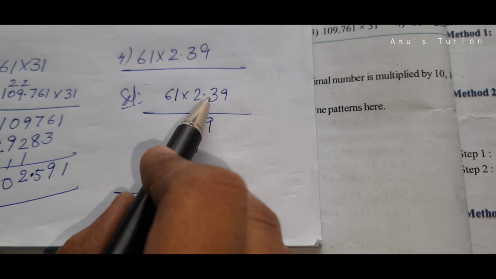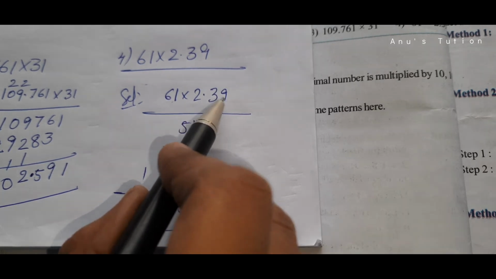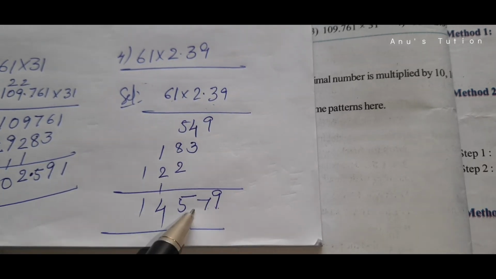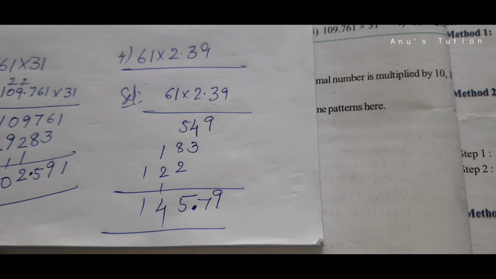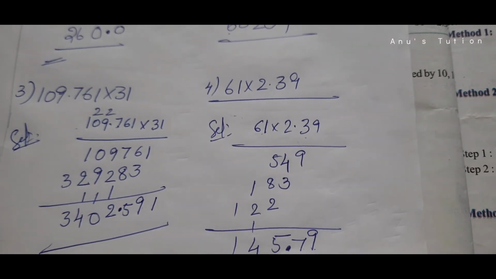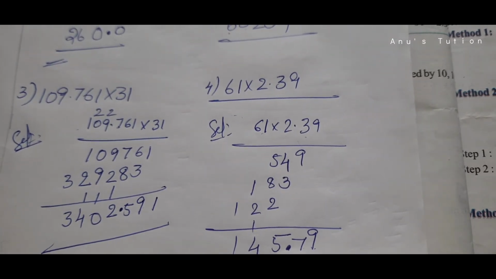Next, to the right of the decimal point, how many digits are there? 1, 2. You have to count 1, 2 and keep the decimal point right here, 145.79. These are the examples for the multiplication of a decimal number and a whole number.